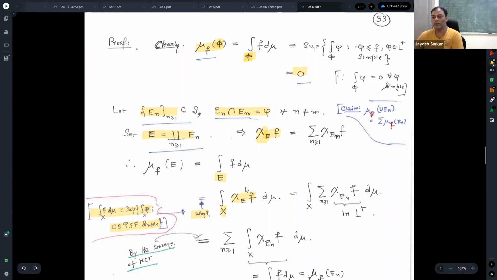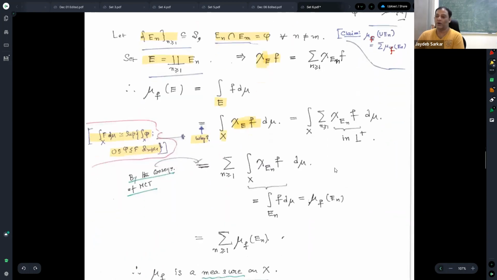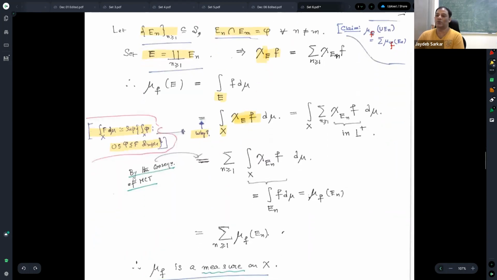So you do that, and then you have the integral of χ_E f. Now your χ_E f is the sum of χ_{E_n} f. All of them are in L plus. So by the consequence of MCT, you remember that the integration of a sum is nothing but the sum of integrations.